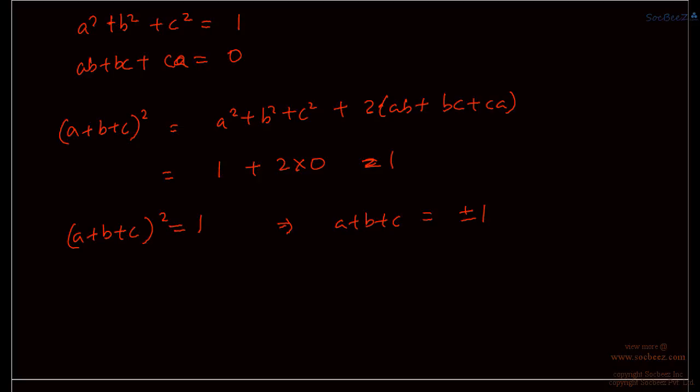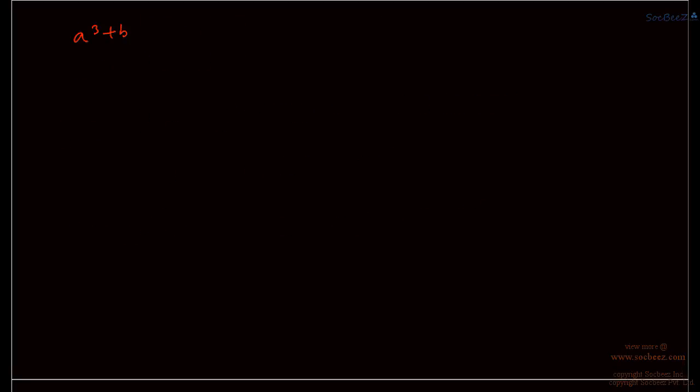So now that I know this, let us try writing a very important formula for A cube plus B cube plus C cube, which goes like this. A cube plus B cube plus C cube minus 3ABC is equal to A plus B plus C into A square plus B square plus C square minus AB minus BC minus CA.